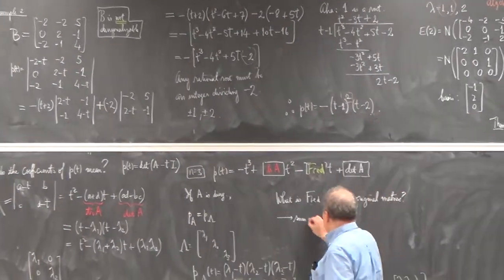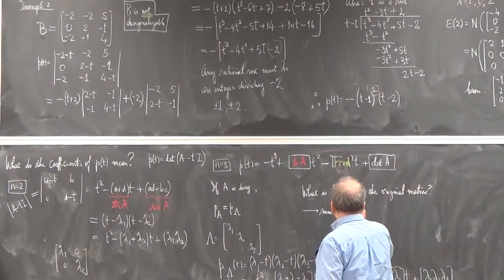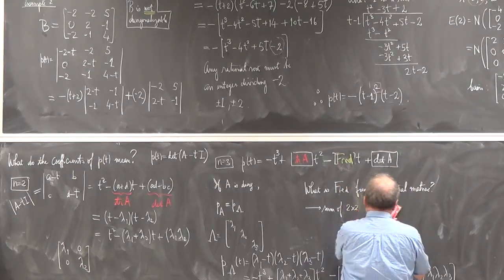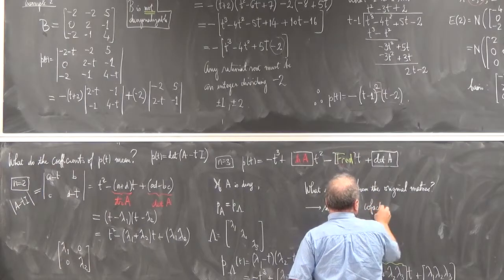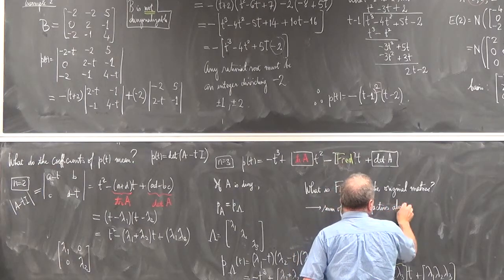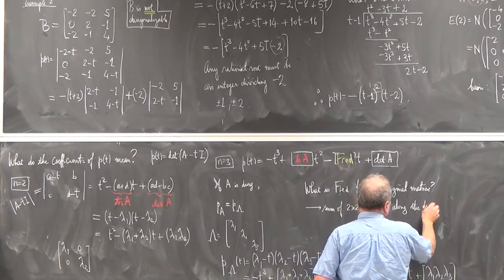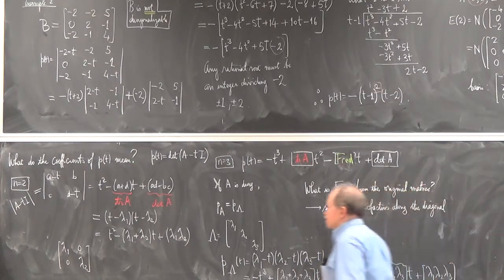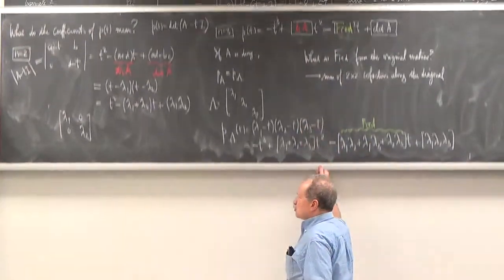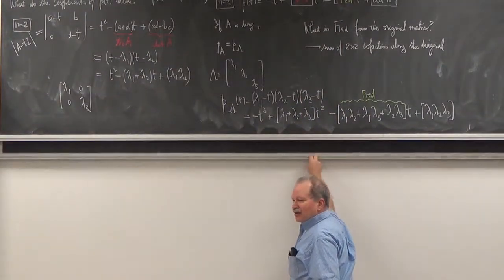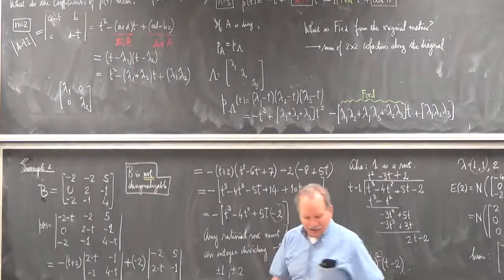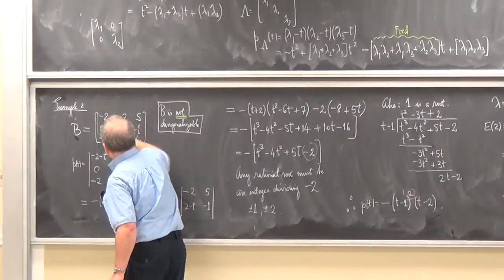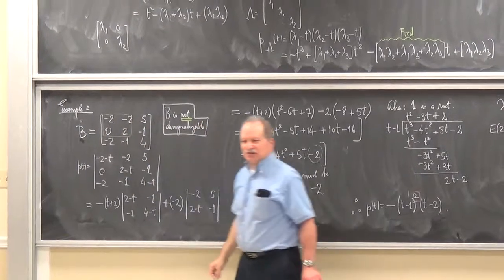You're going to take the sum of the 2 by 2 determinants, or the 2 by 2 cofactors, along the diagonal. So if I looked at my original matrix and took the 2 by 2 cofactors along the diagonal, I would have this 2 by 2 determinant.